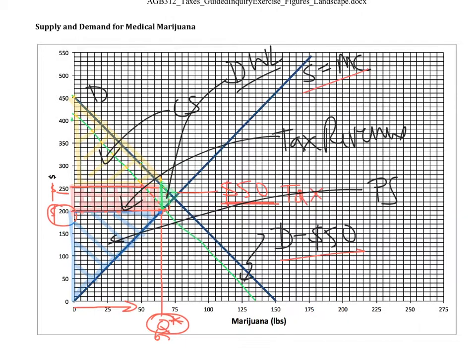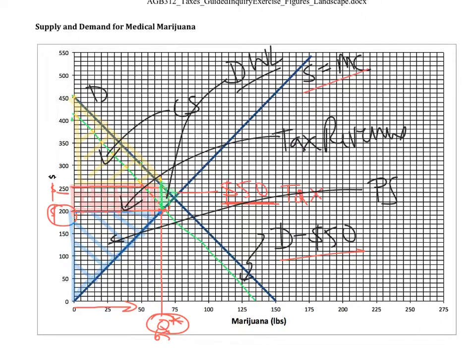So roughly speaking, if you compare this picture to the results of the $50 producer tax, the picture is pretty much exactly the same. The numbers might be a little off just because of my imprecise lines, but you can take it from me that the result is exactly the same: the equilibrium quantity, the price paid by the consumers, and the price received by the producers based on the same $50 tax.